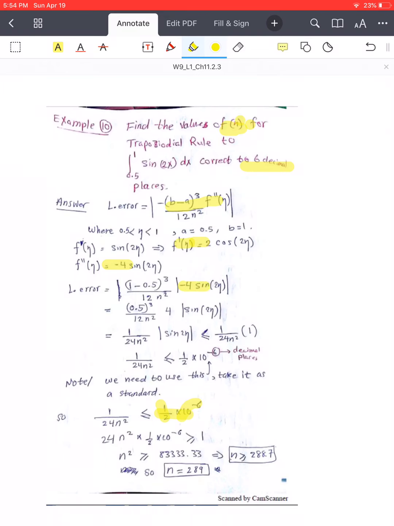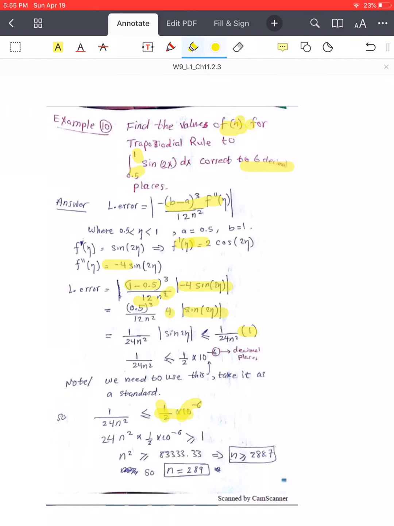So here we wrote it like this. Replace this one by 1, but 4 remains 4. What about this one here? It is b minus a, which is written here, to the power 3, divided by 12 n squared.